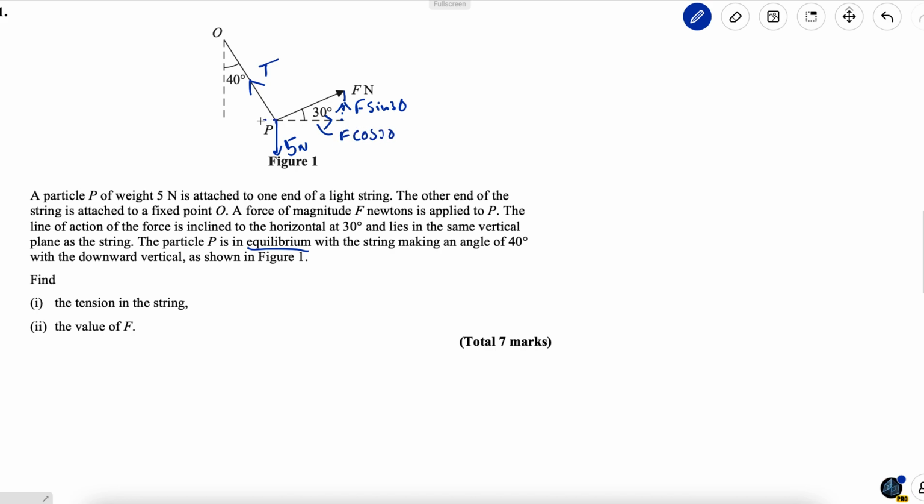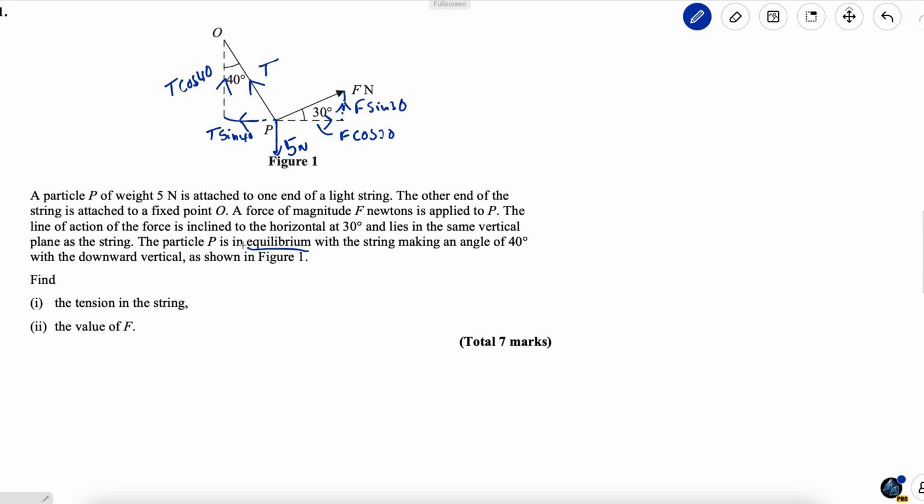For this force over here, going upwards and to the left, opposite the angle is T sine 40 and adjacent is T cos 40.